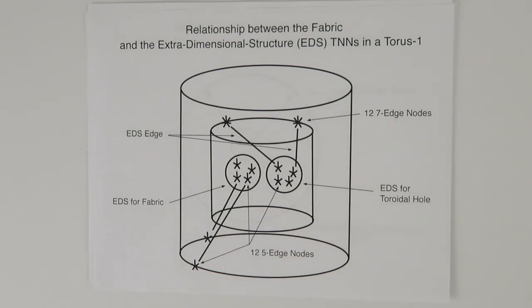As I've not done simulations for this notion of the extra dimensional structure, I really haven't been able to say what to do. Should these two, in this case, icosahedral structures, be isolated and just work by themselves, or should they be connected? We'll explore that in the next section.